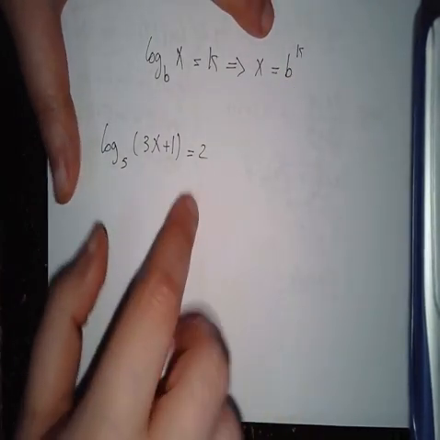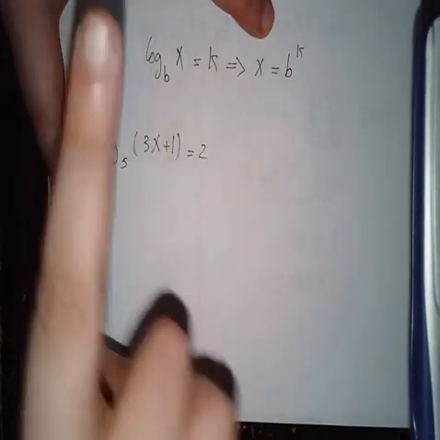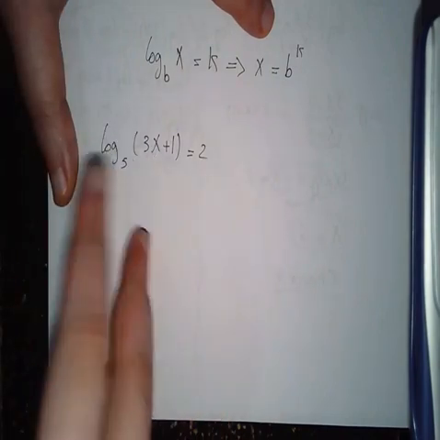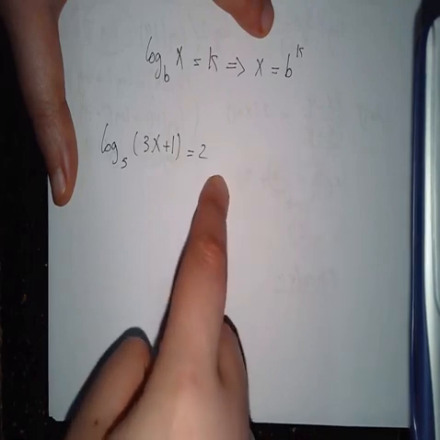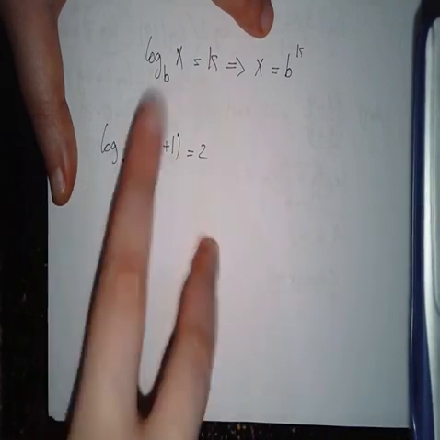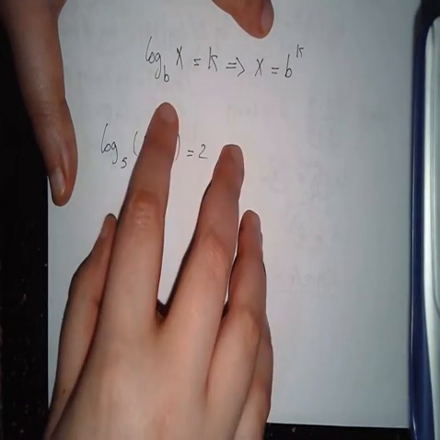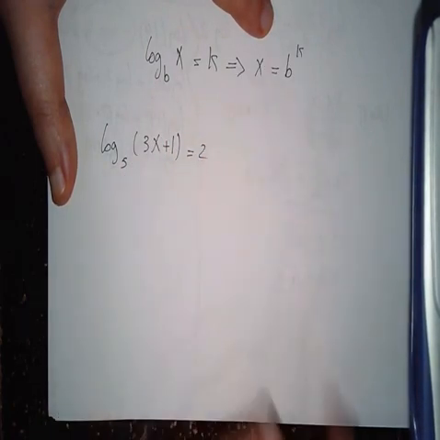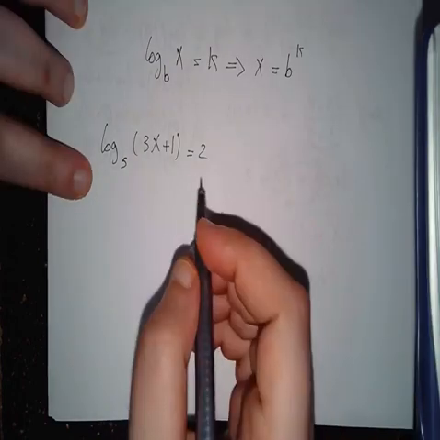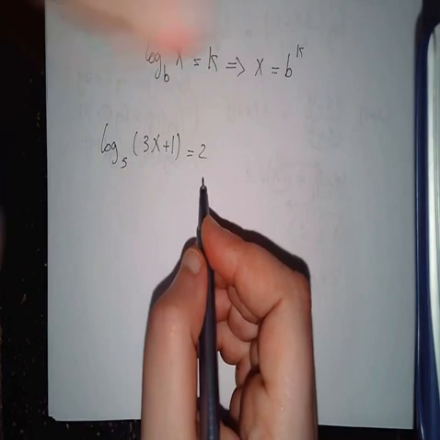And notice, this is technically kind of the same thing we did for the exponentials when we couldn't solve it. So what did I do? We had exponential and just a number on the other side. I took log of both. I flipped it to log. Well, now we're getting rid of the log and flipping it back to exponential. So for this one, log base 5 of 3x plus 1 equals 2.